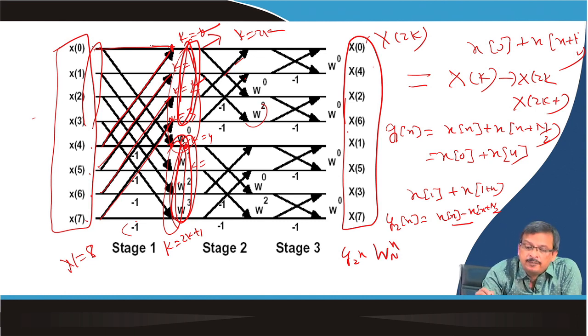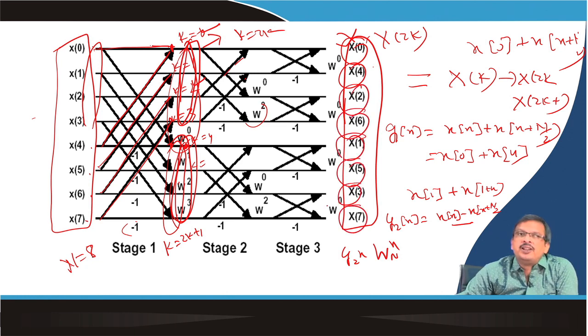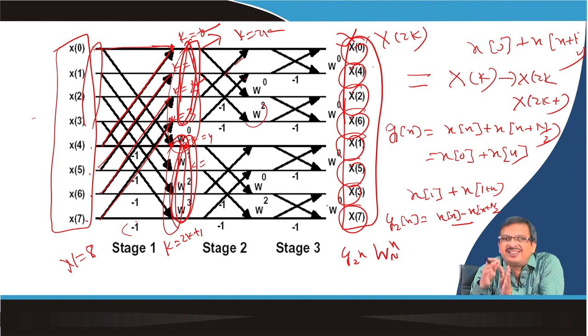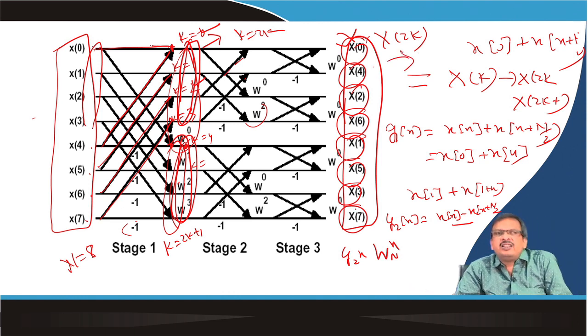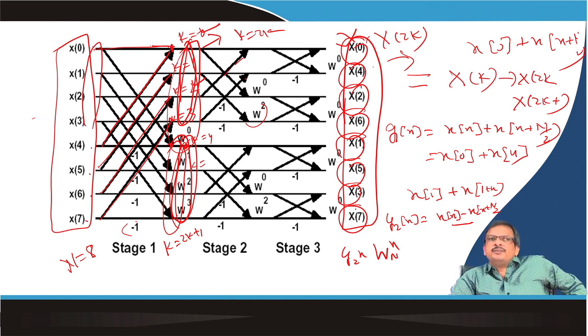So, if you see, the output sequence is in bit reverse mode. So, if I want to access the output sequence, I have to do the bit reversal and I get the sequence. So, when I want x0, then x1, I access the index in bit reverse mode, and I access that x value.